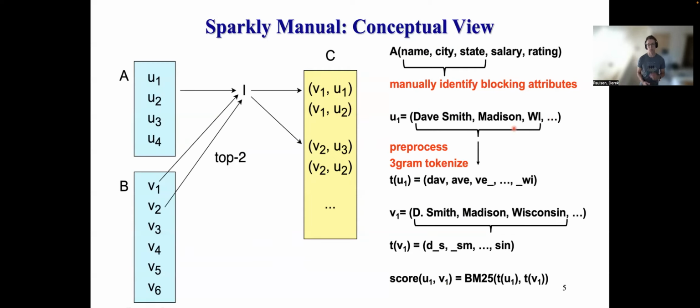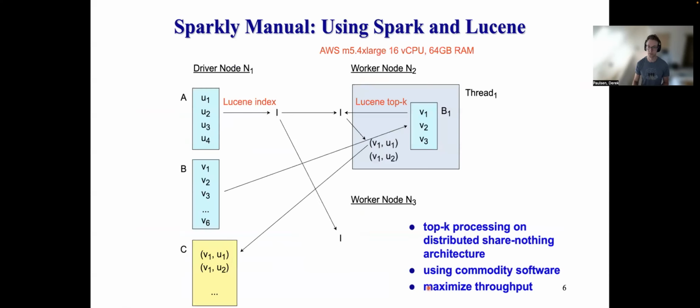We'll take those, pre-process, concatenate, and tokenize them into 3-grams to convert U1 into a bag of 3-grams here. We'll do a similar process for V1, again producing a bag of 3-gram tokens. Finally, to compute the score between U1 and V1, we'll apply the BM25 algorithm over the bags of 3-grams, where BM25 is just a scoring function in the family of TF-IDF scoring functions.